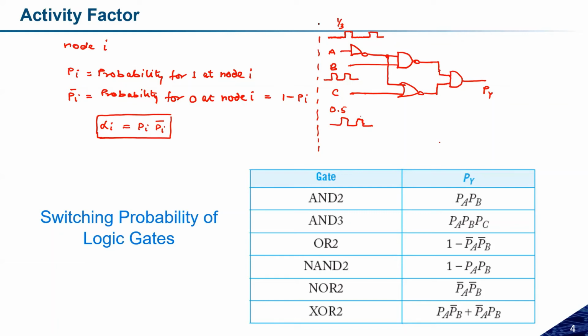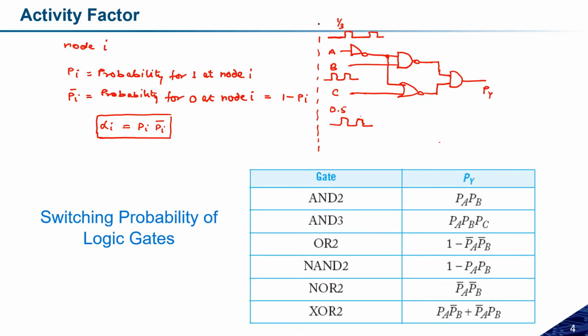So this is really very important, because if we are designing any circuit, any function can be implemented in different ways. If I implement a circuit in a different way, it might give the same logic, but the switching probability will be different. That depends on the logic we have used.